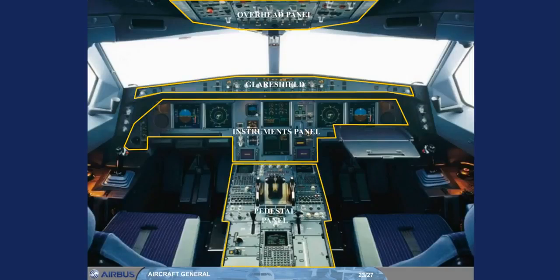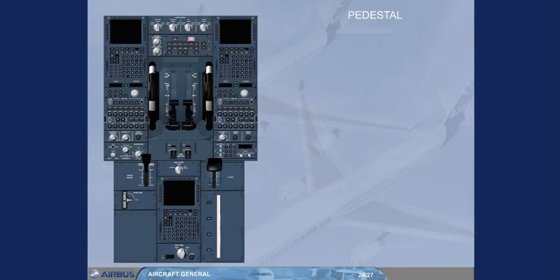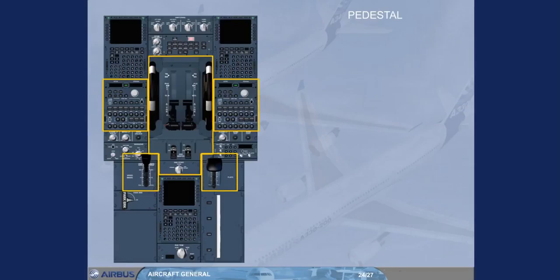Click on the pedestal panel area to display it. The pedestal includes the controls which are usually found in conventional aircraft: radio communication, flaps, speed brakes, engine controls.